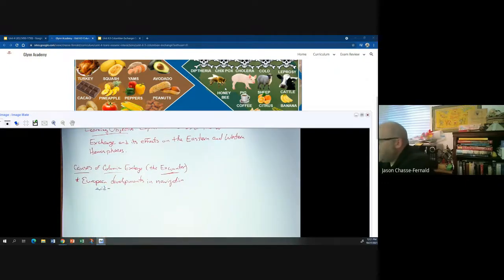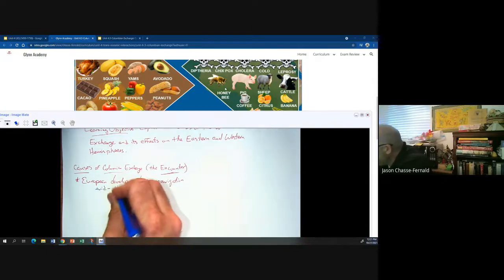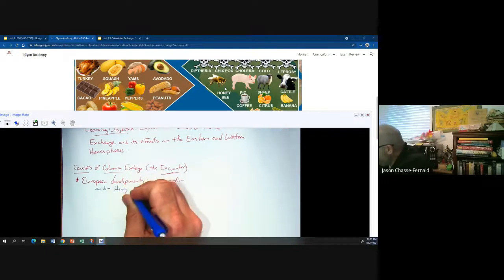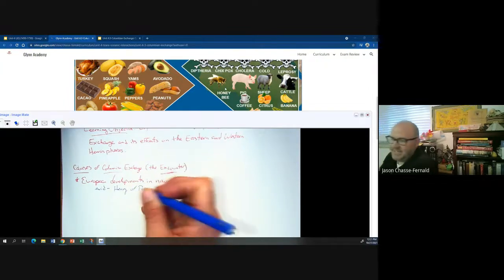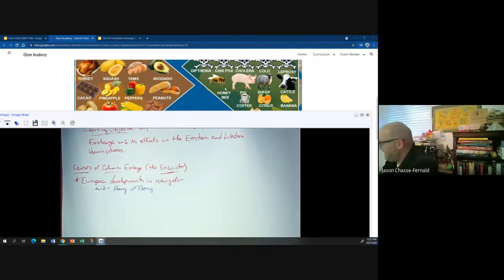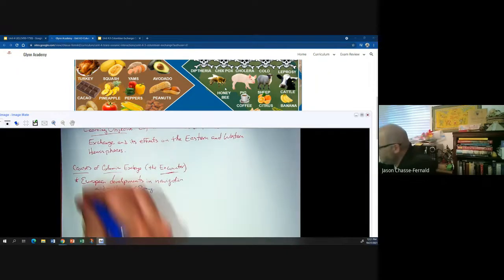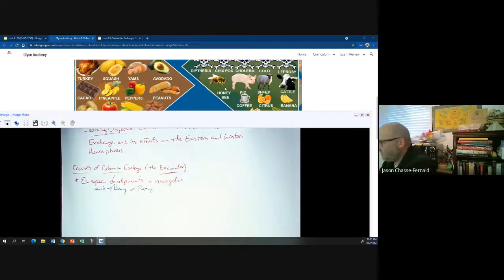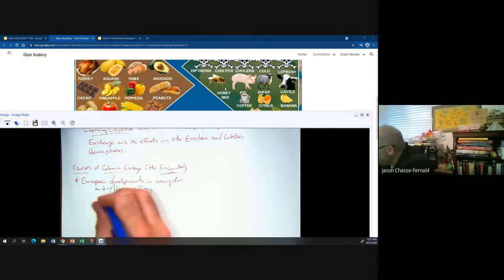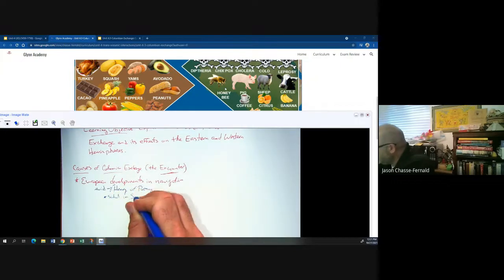You could talk about Henry of Portugal. I think the more common way of seeing it is Henry the Navigator, but I don't really like Henry the Navigator. Prince Henry of Portugal, right, so that might be a better way to put it. Prince Henry of Portugal, and of course his school in Sagres.